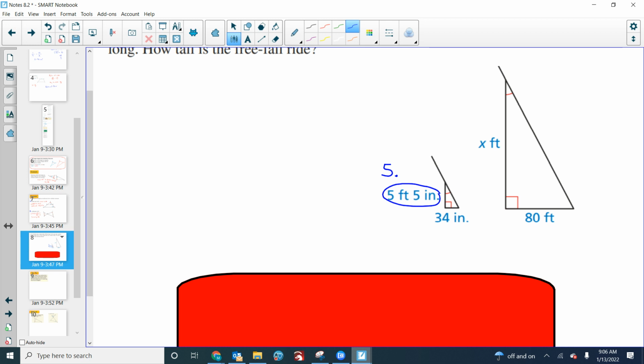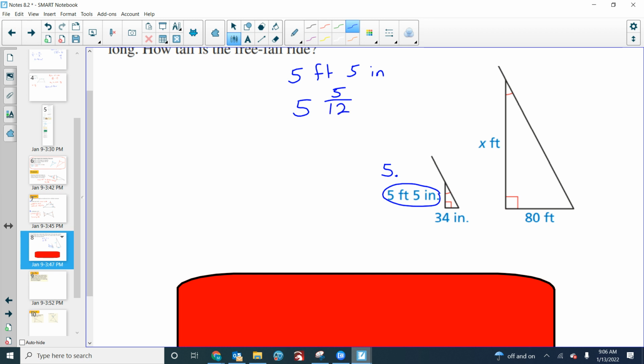Okay? So what is it we have to figure out? How do you find out the decimal? 5 divided by 12, because there's 12 inches in a foot. So we could also say 5 feet 5 inches is 5 and 5/12. Do you agree with that?